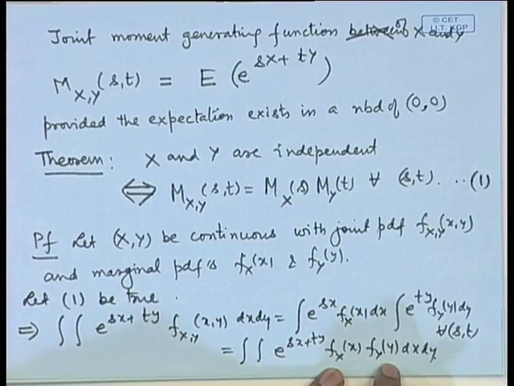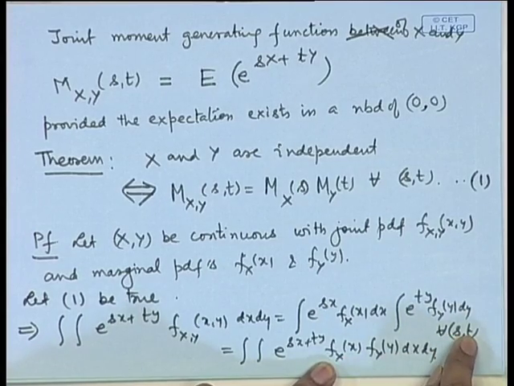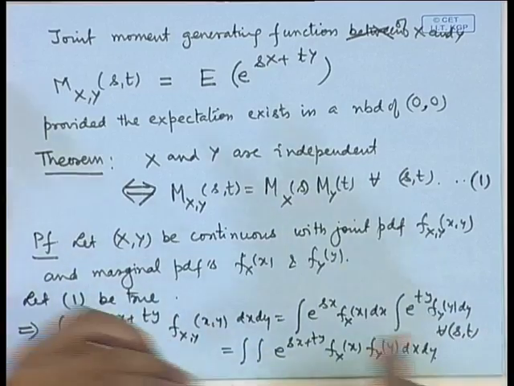The right hand side denotes the joint MGF of the random variables x and y when their joint distribution is given by f x into f y, and this statement is true for all s t. So, by the uniqueness of the MGF, the two densities must be same.